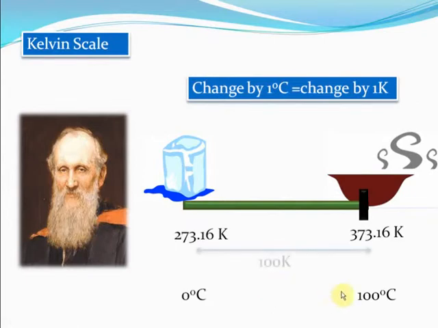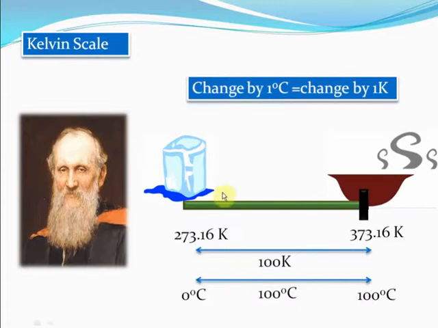Similarly, even in the Celsius scale, the difference between the boiling point of water and melting point of ice is 100 degrees Celsius minus 0 degrees Celsius, that is 100 degrees Celsius. So you can see that the temperature difference is 100 Kelvin and it's also 100 degrees Celsius. So change in 1 degree Celsius is basically the change in 1 Kelvin. Understood? So this is again one thing you must remember.